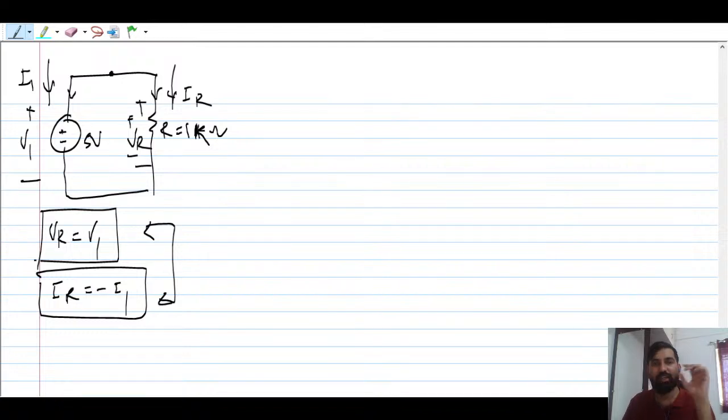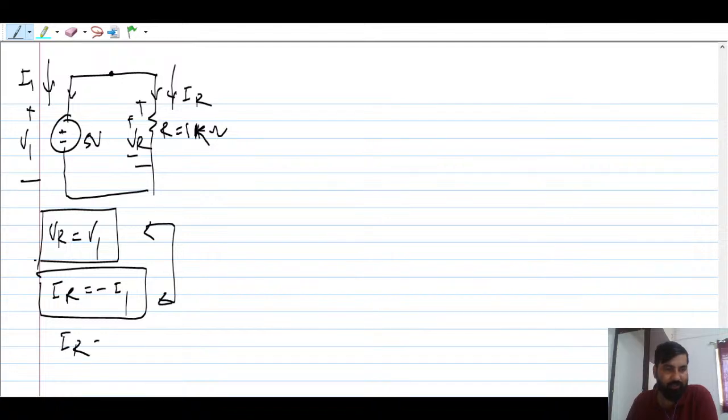So V1 and I1 follow the passive sign convention for the voltage source, and VR and IR follow it for the resistor. Power absorbed by the resistor is VR times IR, and power absorbed by the voltage source is V1 times I1. You can find IR from here. What is the value of IR then?